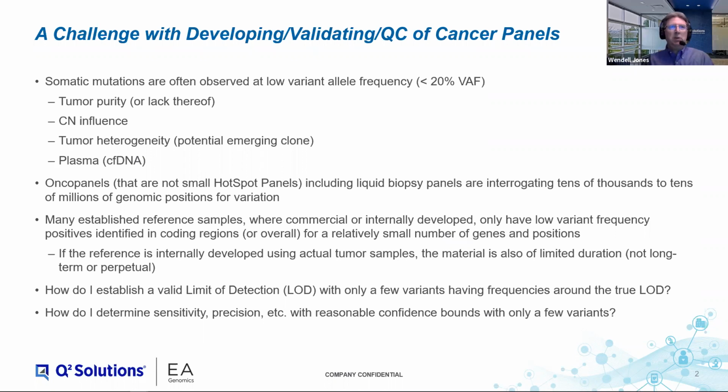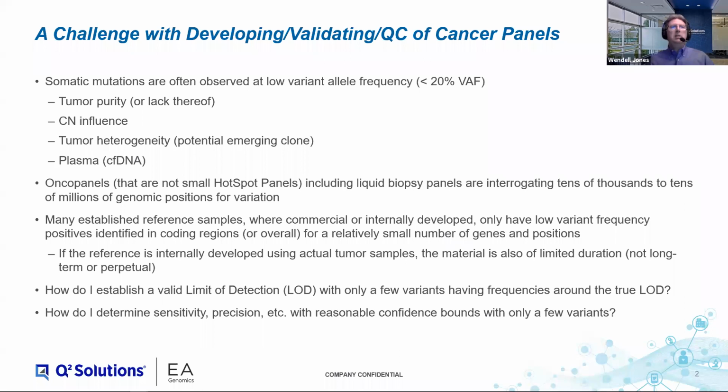Related to that, many established reference samples, whether they're commercially available or internally developed, usually only have a relatively few low variant frequency positives that are identified, for example, in coding regions or even overall. And these usually only encompass a relatively small number of genes and positions.